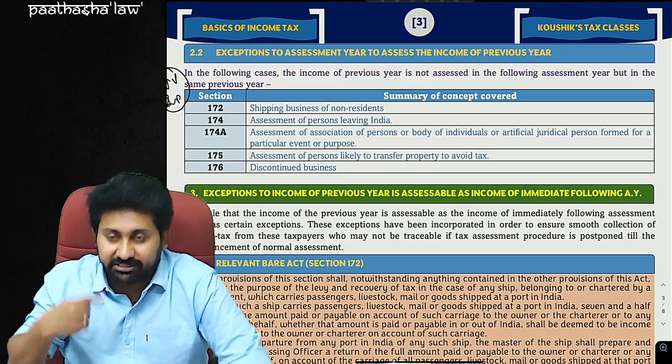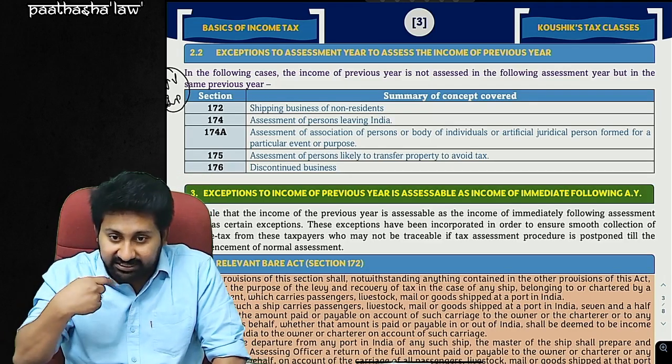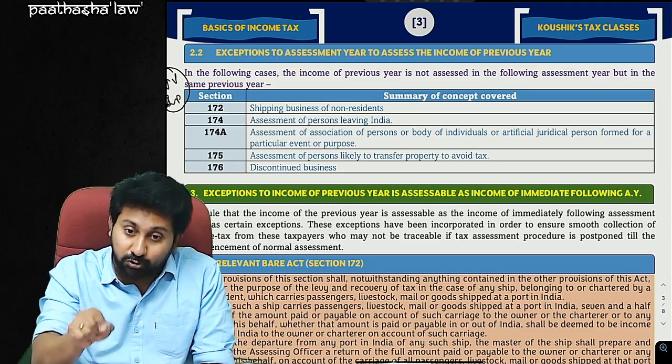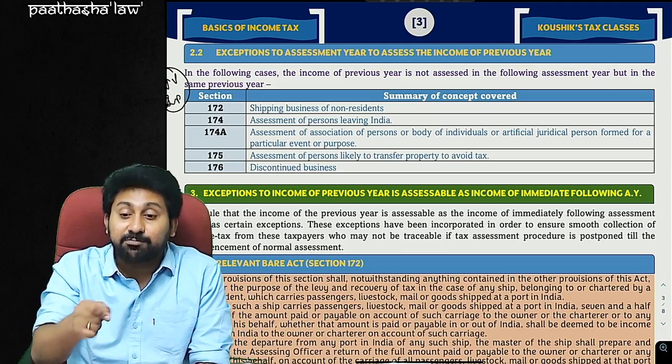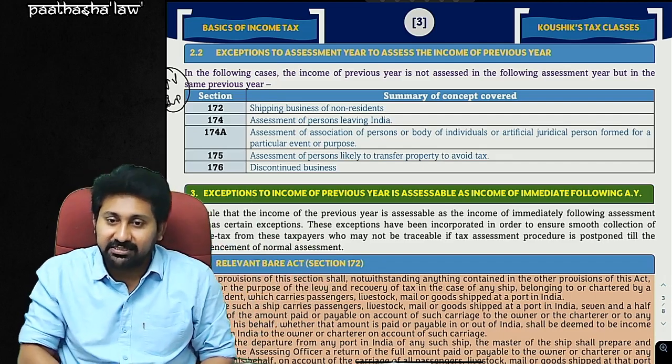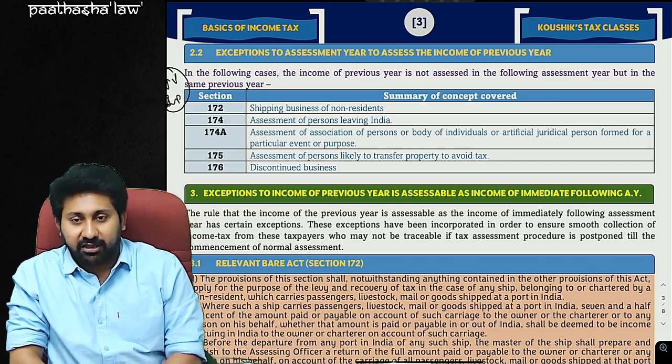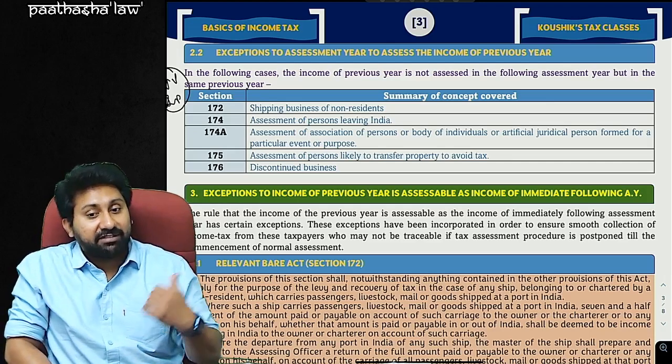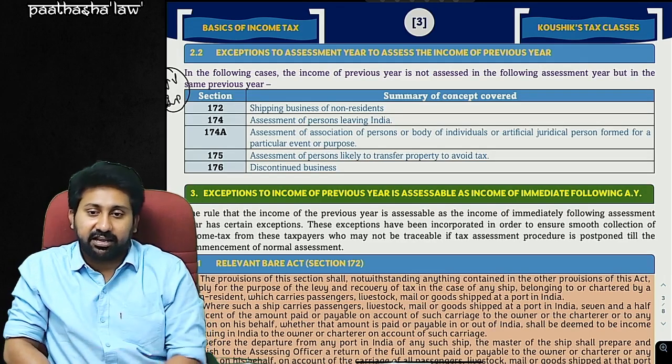Listen to my language: in these 5 sections, the exception to the rule that the assessment year will assess the tax of the previous year is provided.